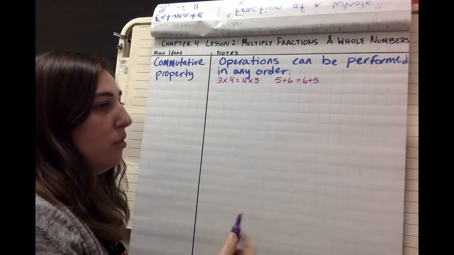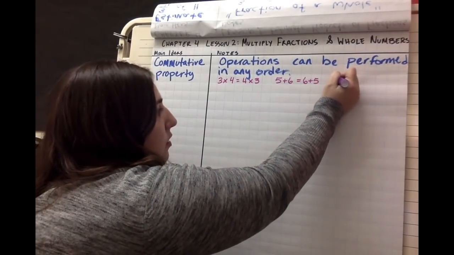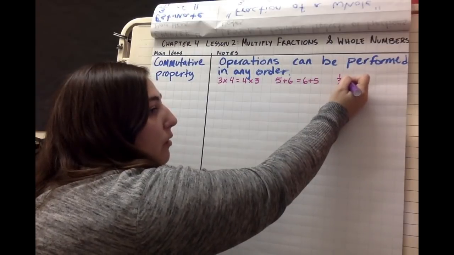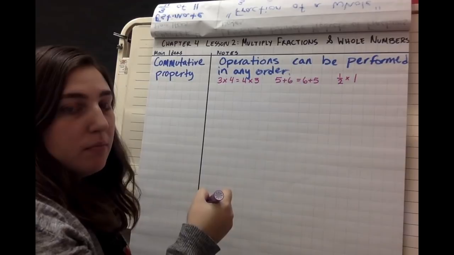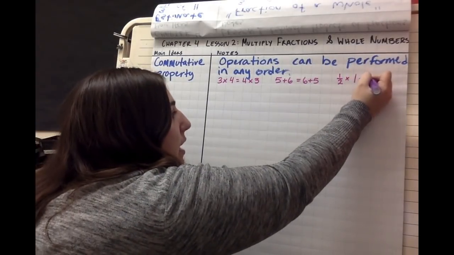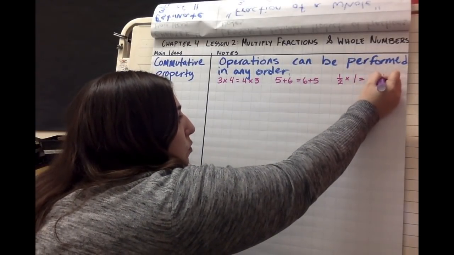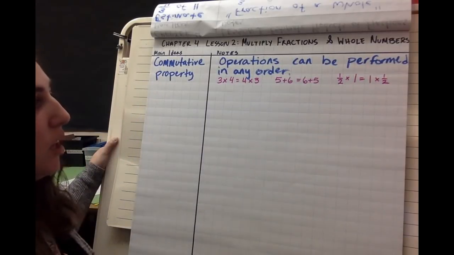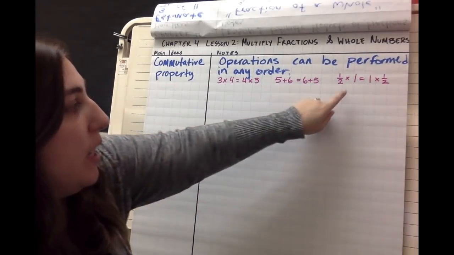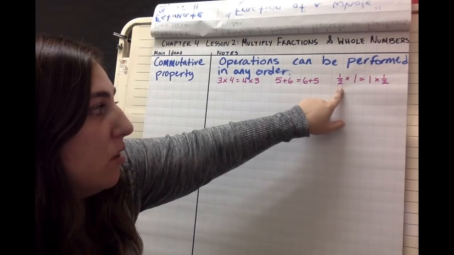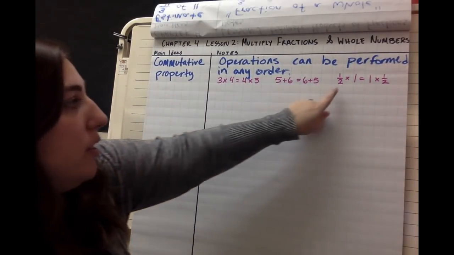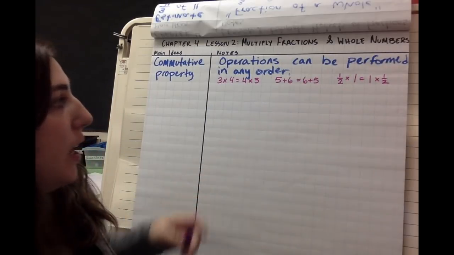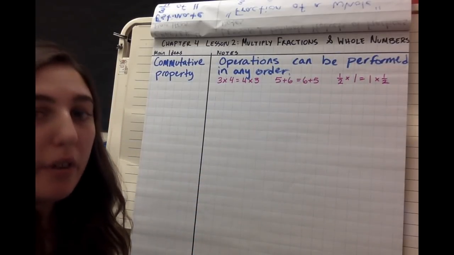Now how about multiplying a fraction with a whole number, which is what we're doing today. So 1/2 times 1 is the same as 1 times 1/2. So the point is, it doesn't matter if the fraction is first or the whole number is first. Okay, commutative property tells us that we can perform this multiplication in any order.